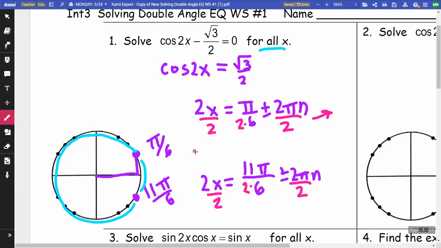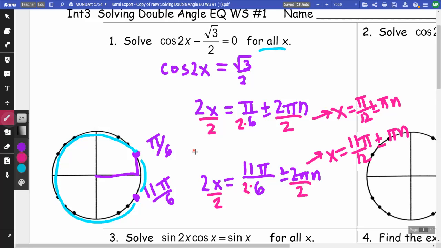And so one answer is going to be x is equal to pi 12ths plus or minus pi n. And the other answer is going to be 11 pi 12ths plus or minus pi n. And so those are going to be our answers.